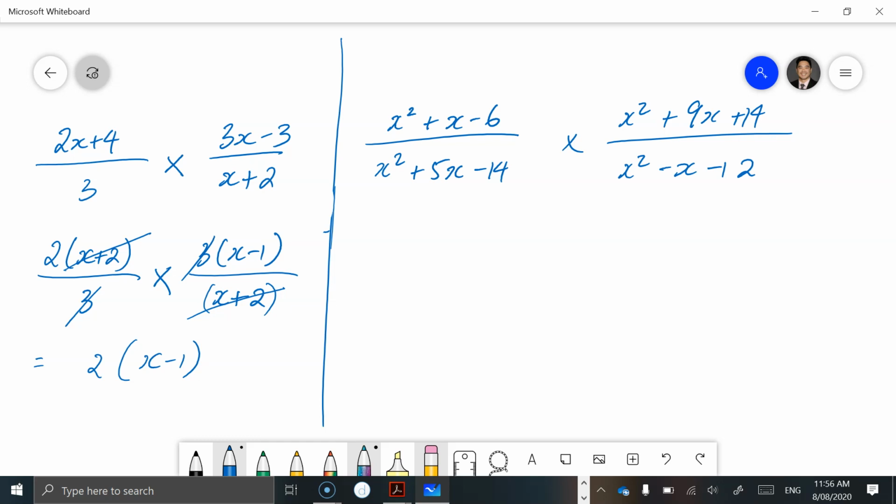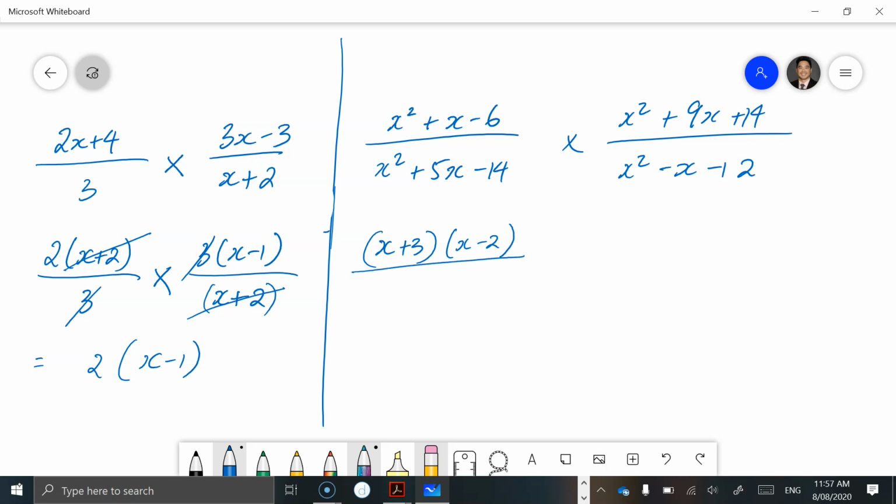So the top left is going to be factorized to x plus 3 and x minus 2, because 3 times minus 2 is minus 6, and 3 minus 2 is 1.